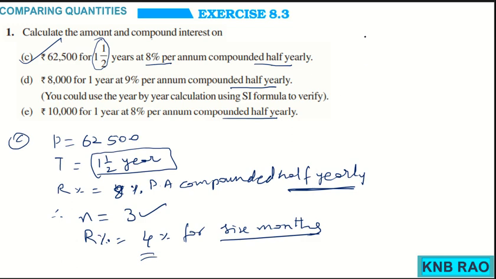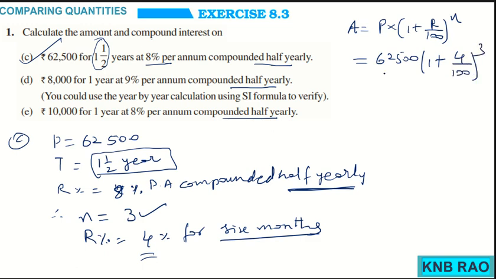Now we can substitute in the formula, A equals P into 1 plus R by 100 raised to the power n. These values: 62,500 multiplied by 1 plus 4 upon 100 raised to the power 3.